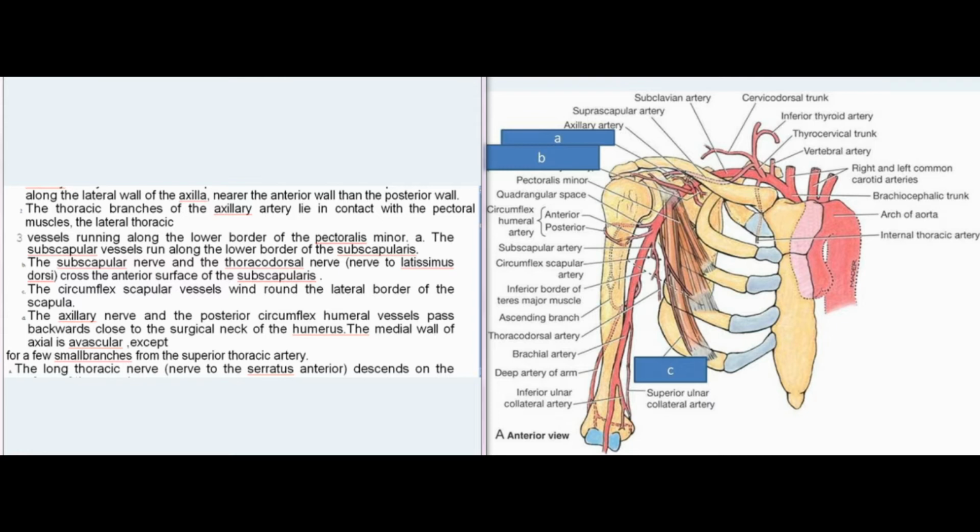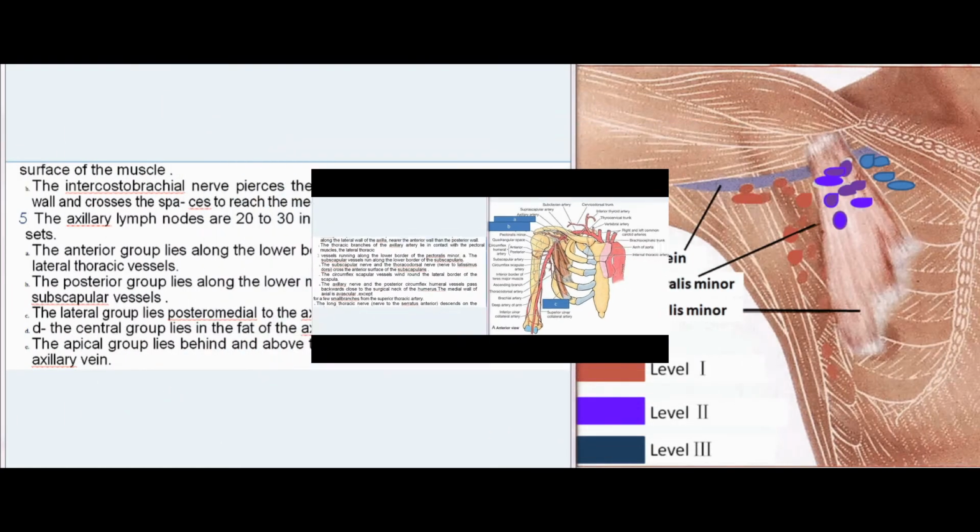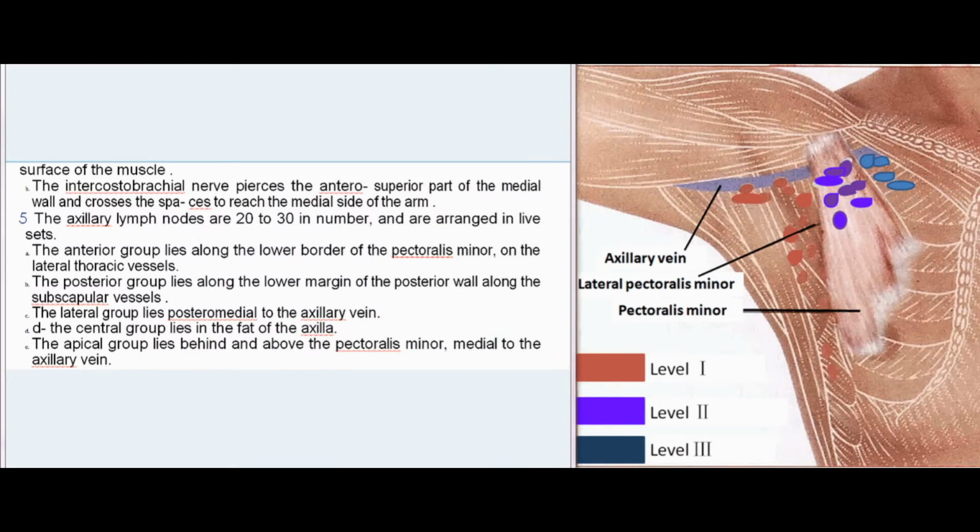The medial wall of the axilla is avascular except for a few small branches from the superior thoracic artery. The long thoracic nerve, nerve to the serratus anterior, descends on the surface of the muscle. The intercostobrachial nerve pierces the anterosuperior part of the medial wall and crosses the space to reach the medial side of the arm. 5.